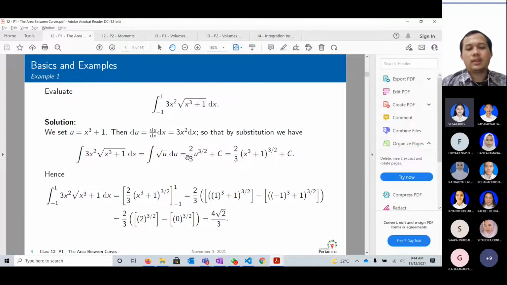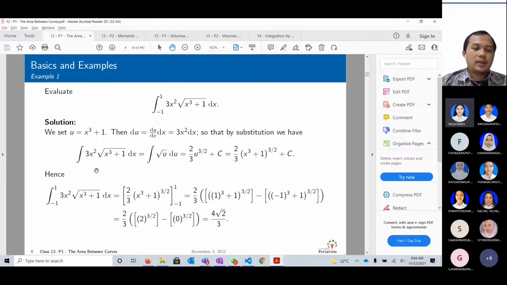Then the integral is just 2/3 times u to the power 3/2 plus a constant c. If we substitute back the u, then we will get this.